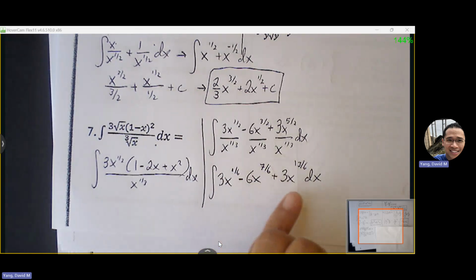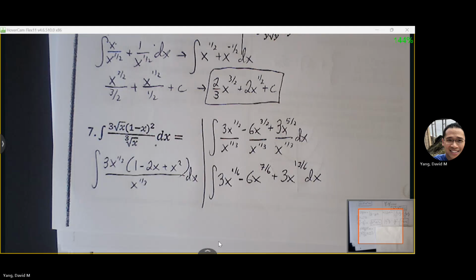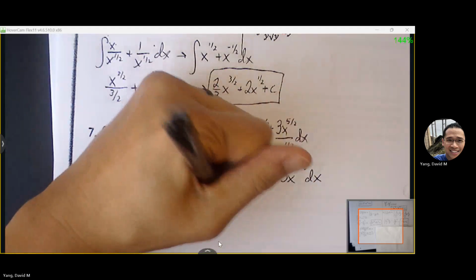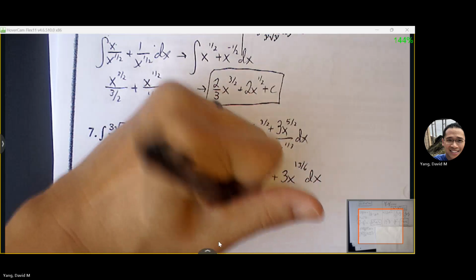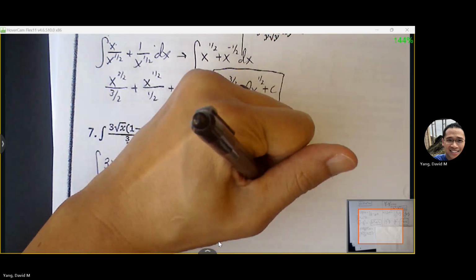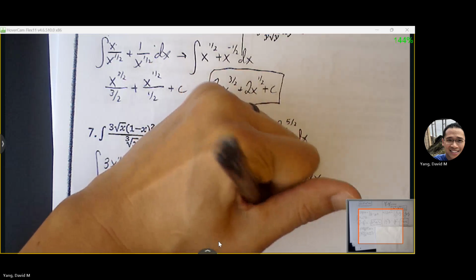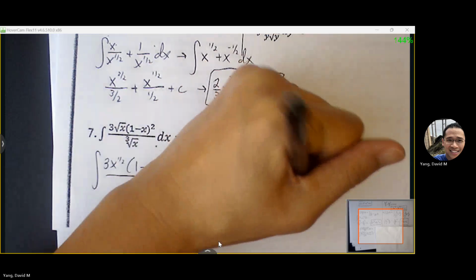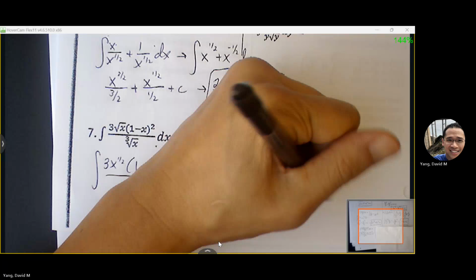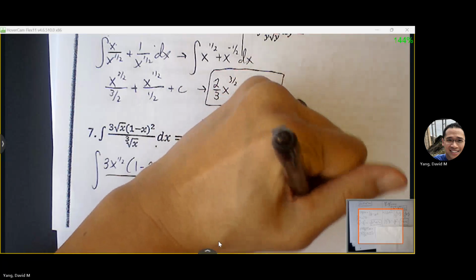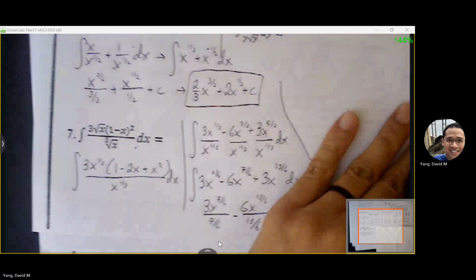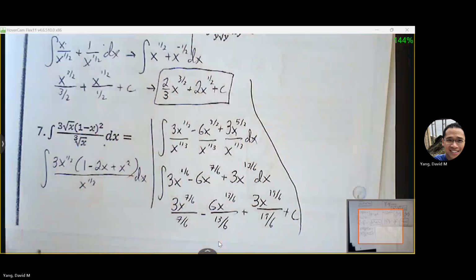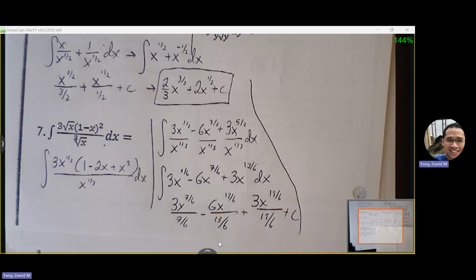So now we can apply power rule for each term. Dividing by 7/6 is the same thing as multiplying by 6/7.